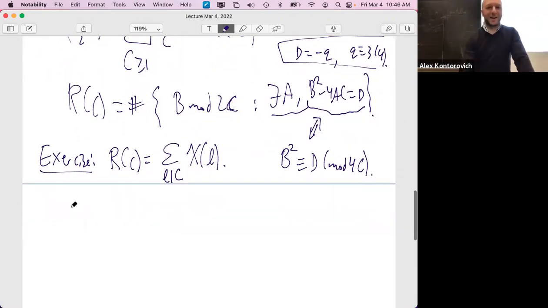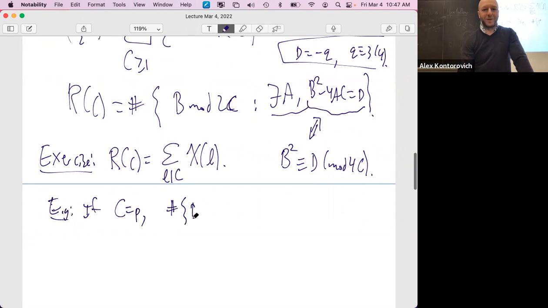Yes. So, for example, if c is itself a prime, and let's forget about the 2's, then the number of b mod c such that b squared is congruent to d is either 2 or 0.